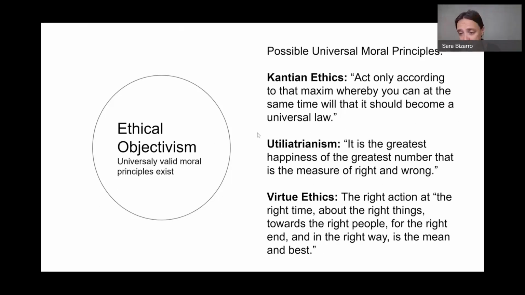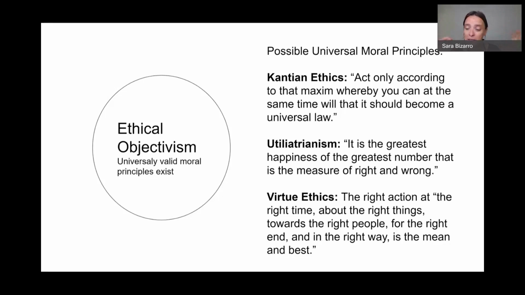In Kantian ethics, he's got an example called the categorical imperative. It's kind of a test that you can apply when you want to know if something is right or wrong. And the quote is, act only according to that maxim whereby you can at the same time will that it should become a universal law. Sounds kind of difficult, but it really is not.